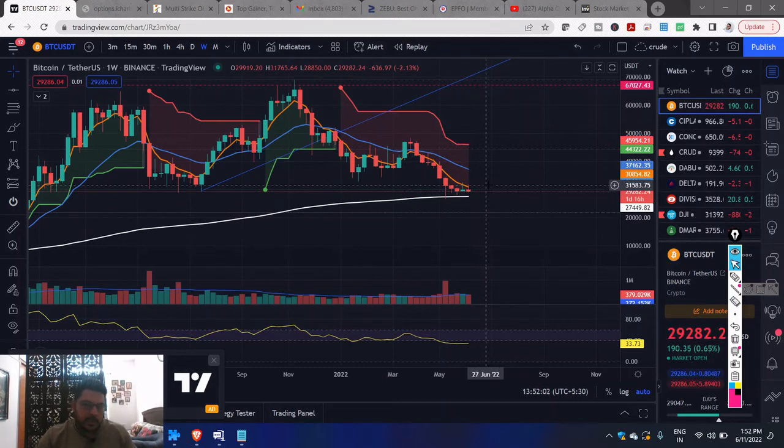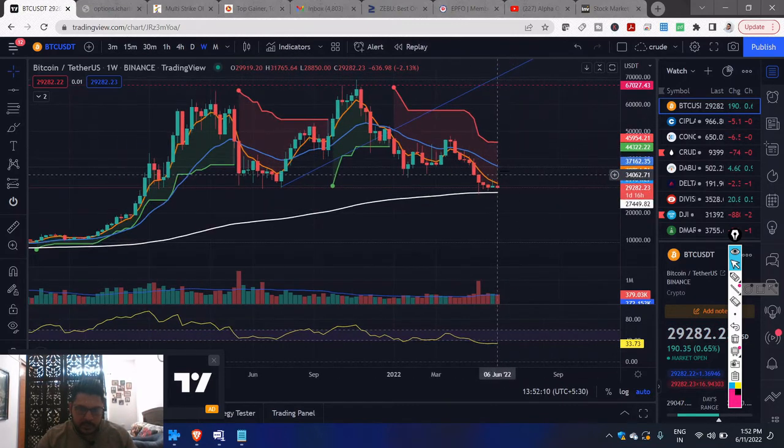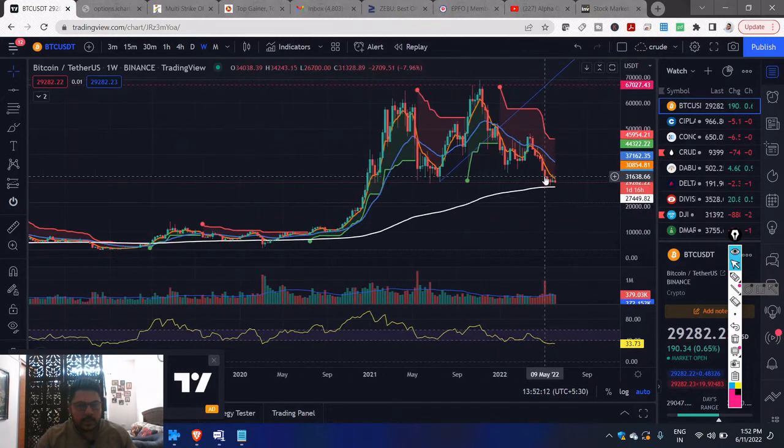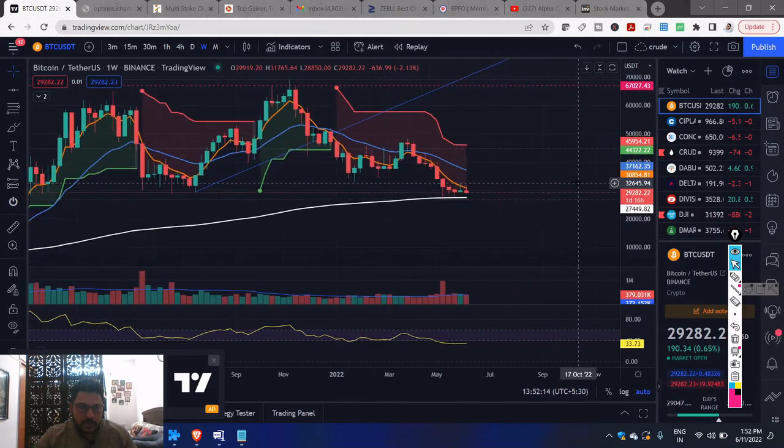And the moment that recession news and the entire global economy trouble which it is going to face in the next 12 months arrives, this is going to shoot up like anything from here. All the precious metals and scarce digital currency like Bitcoin will shoot up when recession happens.